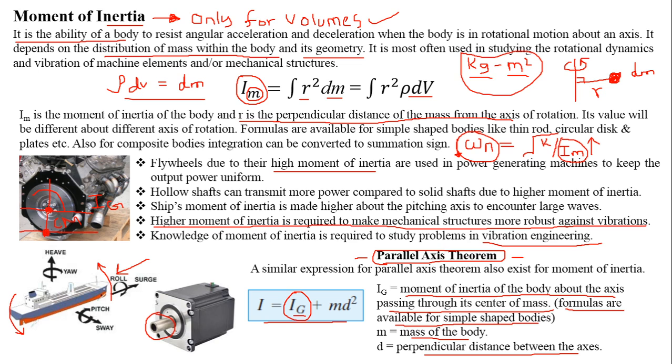So first of all, you have to calculate the moment of inertia of this flywheel at its center of mass, that is Ig. You should know the mass of this entire flywheel, that is m, and then this distance d, the distance between two parallel axes. This should be the perpendicular distance.